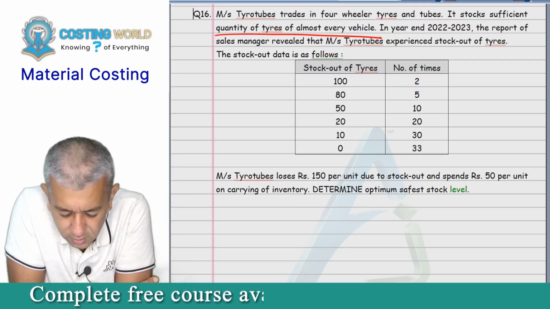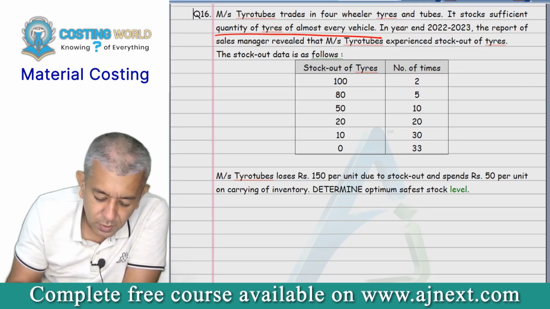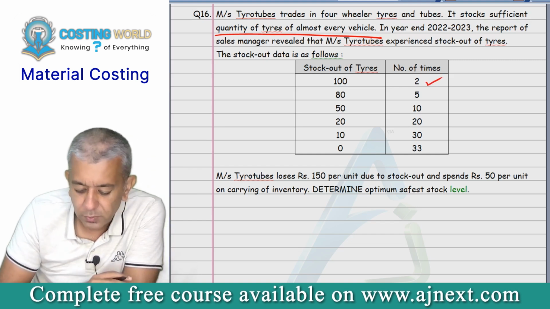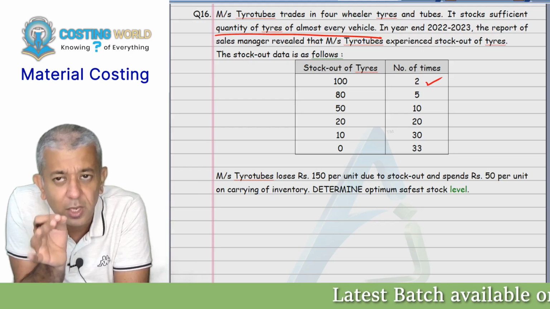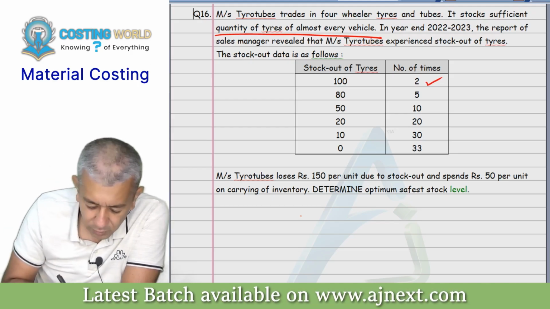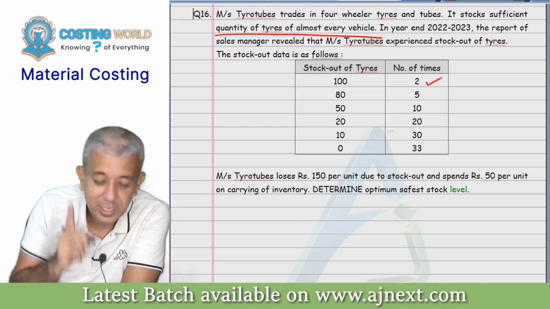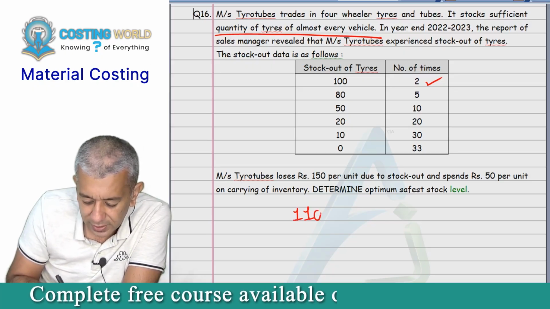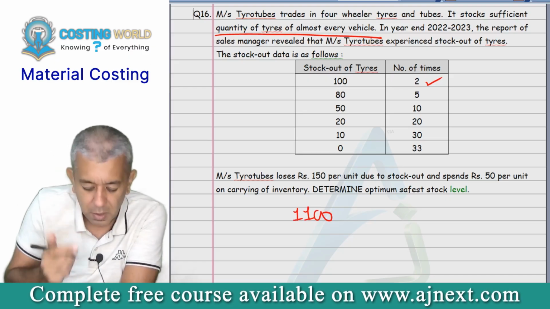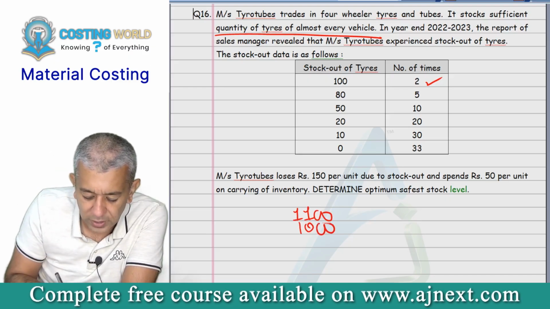Stockout of tires, 100. How many times did it happen? 2 times. Now what does it mean? I'm giving you any number, just to explain. Once upon a time, demand for 1100 tires came, but I had only 1000 tires.